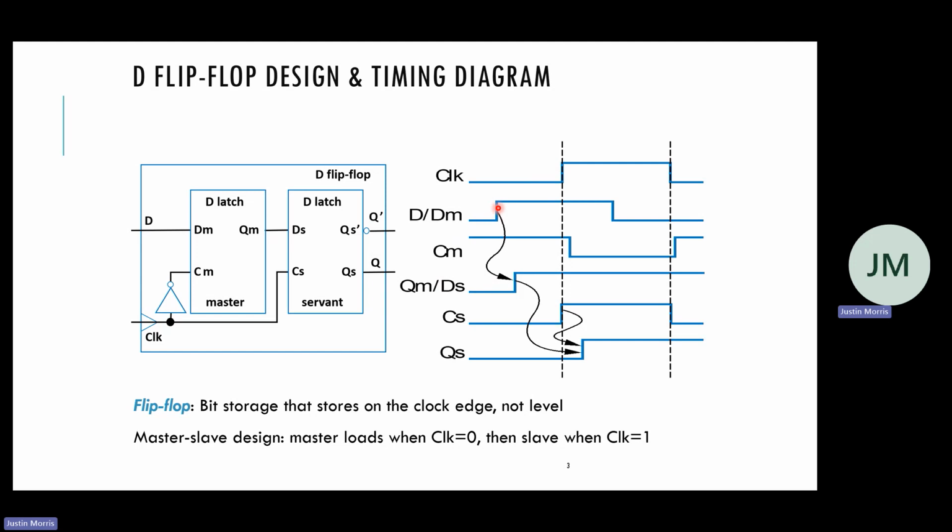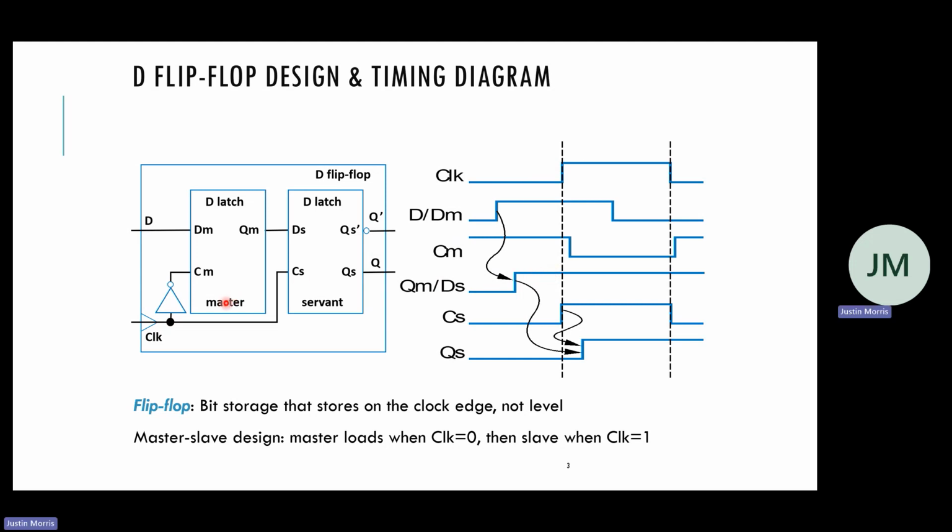When D changes, it has some delay and flows through to this part here, and then it becomes stable before the clock changes. So this is completely stable before the clock edge.